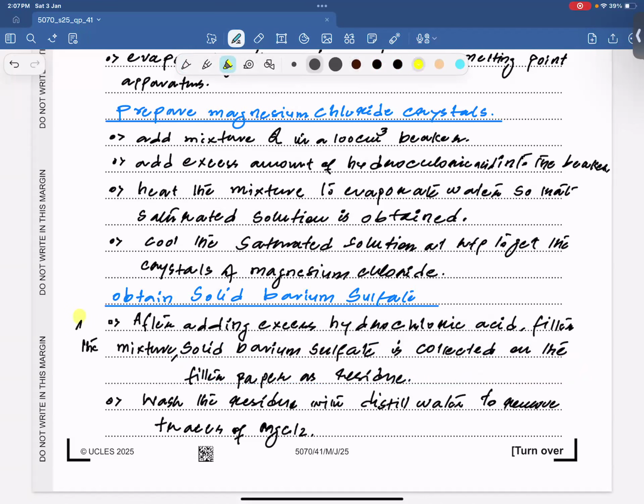Solid barium sulfate is collected on the filter paper as residue. Yeah, that's correct. Wash away traces of magnesium chloride. Dry the solid residue on the filter paper.